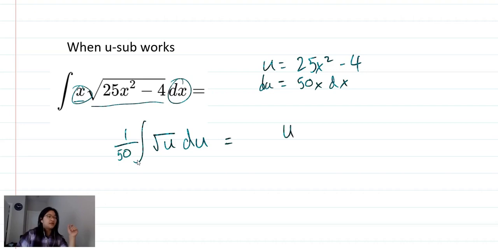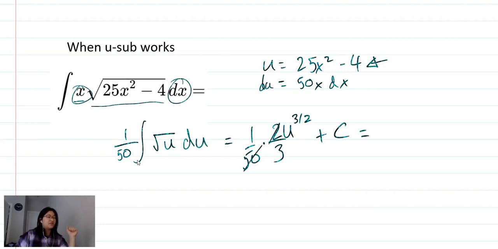And then we get u to the 3/2 times 2/3 times this 1 over 50, plus c, and then we translate that back into terms of x.